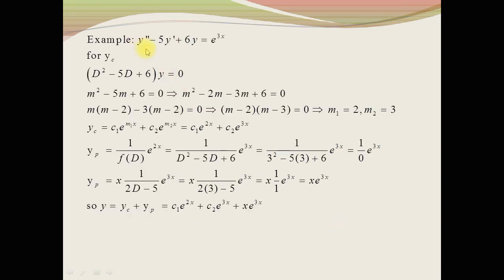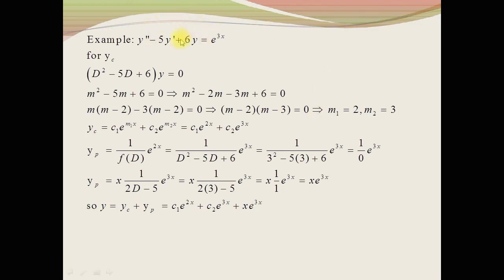Now another example: y'' - 5y' + 6y = e^(3x). This is a non-homogeneous linear differential equation of order 2 with constant coefficients. Since this equation is non-homogeneous, for the complete solution we have to find two solutions, the complementary solution and the particular solution.